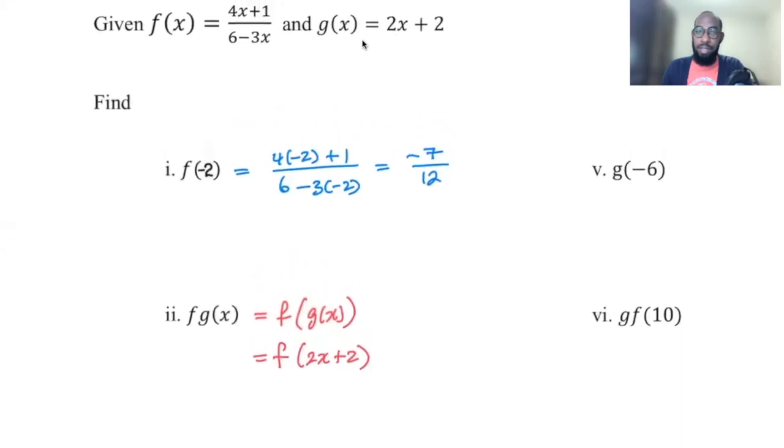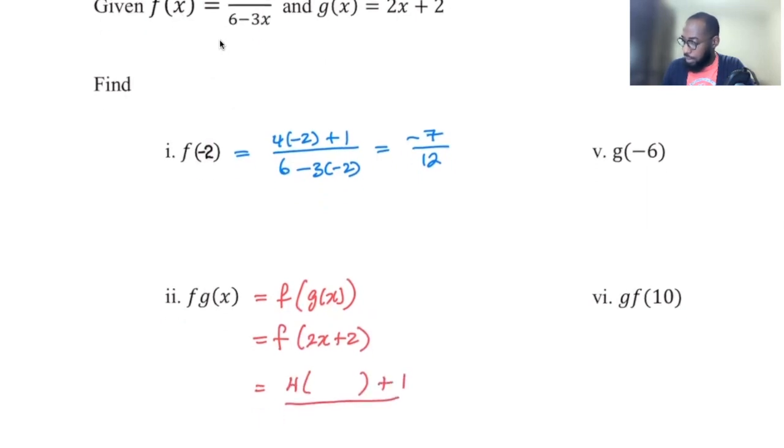Nice. And then what I tell them is write down the f function, but wherever you see x, you leave an empty bracket. So f of x is 4x plus 1 divided by 6 minus 3x, so 4 empty brackets plus 1 divided by 6 minus 3 empty brackets.